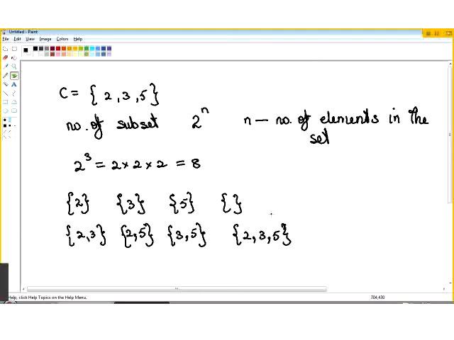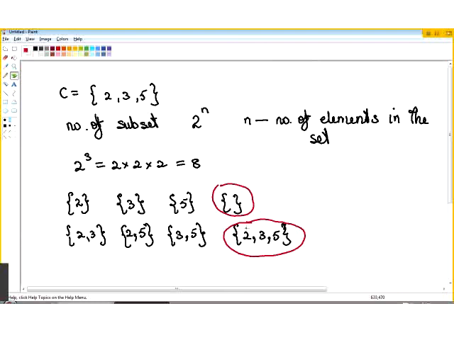But when we look at listing the subsets, we start doing all the combinations. We do sets with 1 element, sets with 2 elements, sets with 3 elements, depending on how many elements you have in the set. But always remember that you must include the empty set and the set itself, the original set.